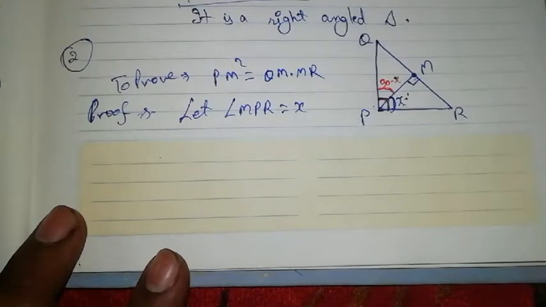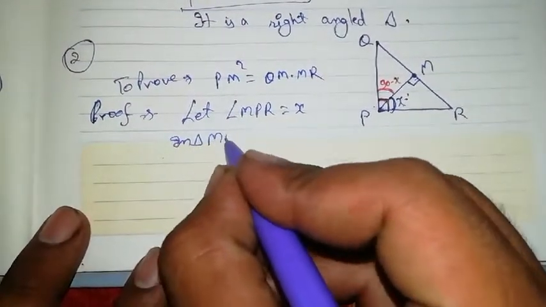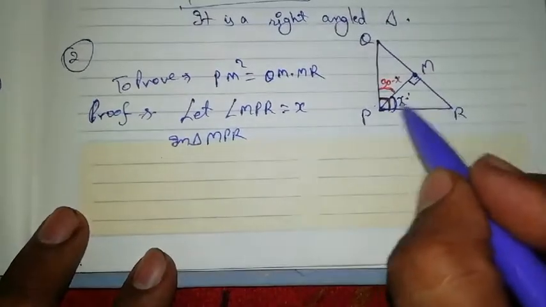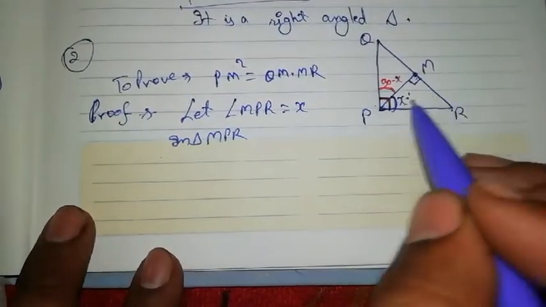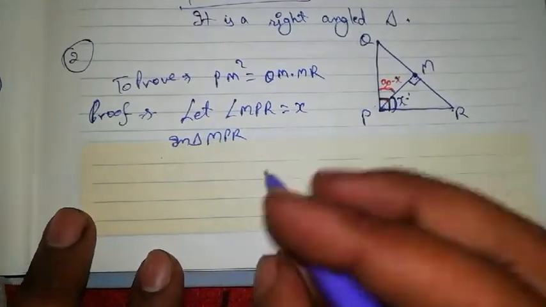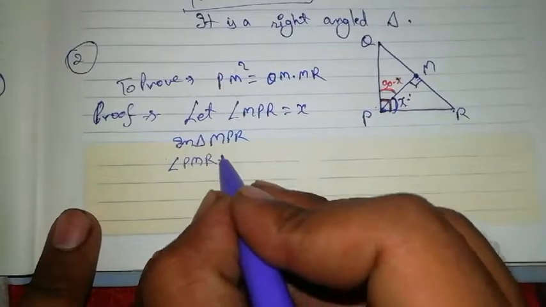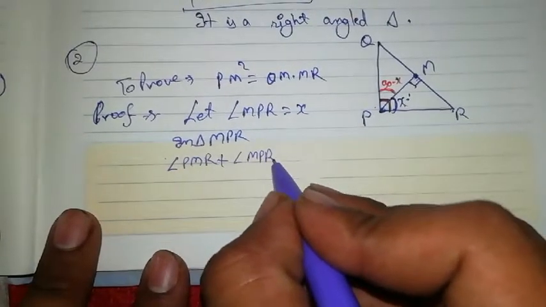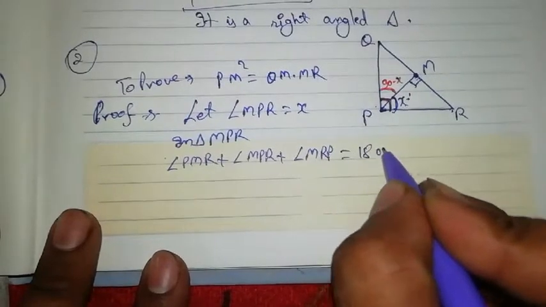Now in triangle MPR, we know that the sum of all interior angles of a triangle is 180 degrees. So we can say that angle PMR plus angle MPR plus angle MRP is equal to 180 degrees.